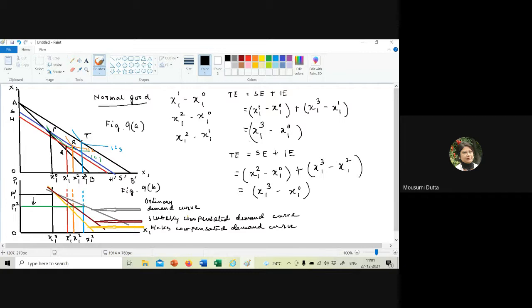The Hicks compensated demand curve is steeper than the Slutsky compensated demand curve.